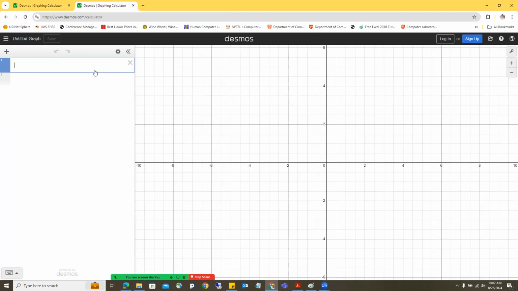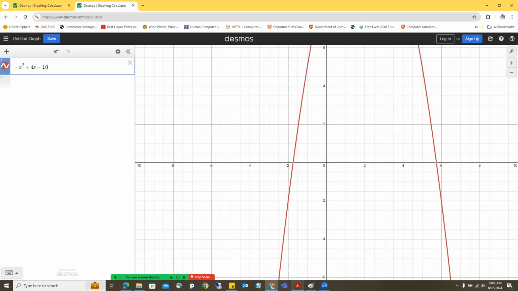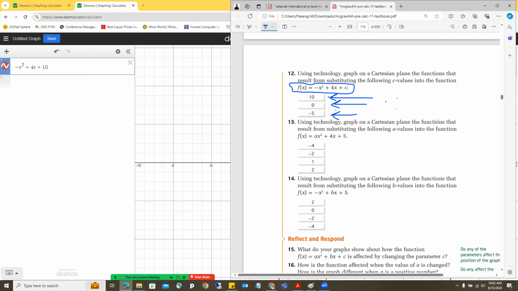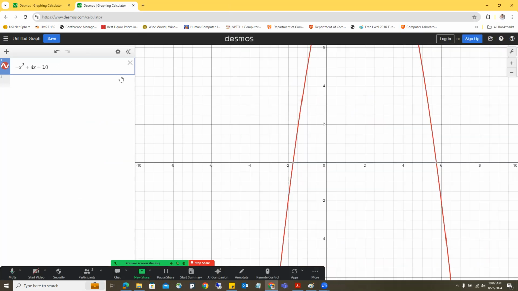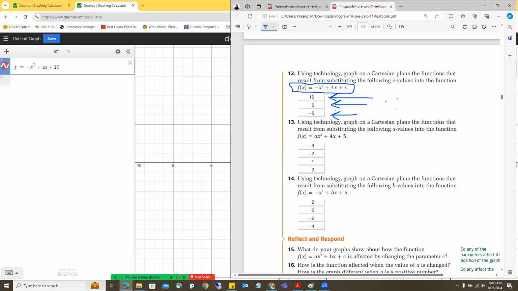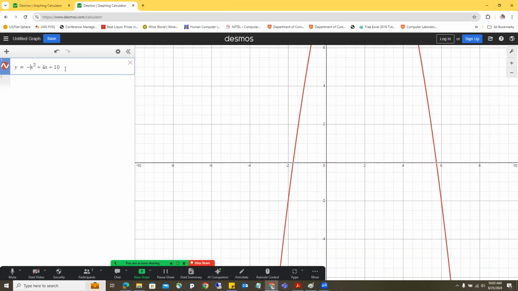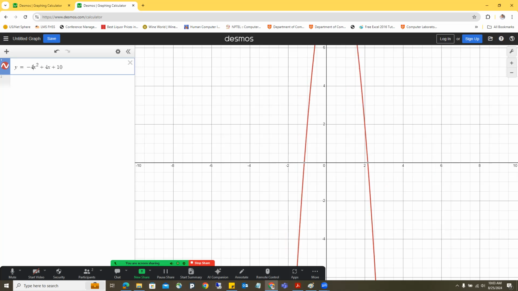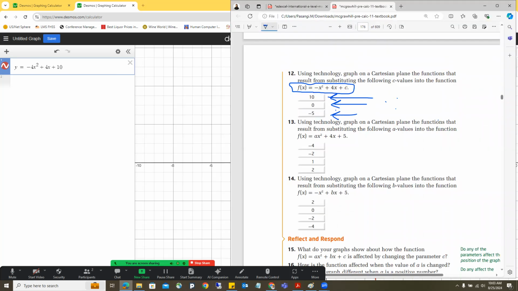So the first equation they have given is y equals minus 4x squared plus 4x plus 5.